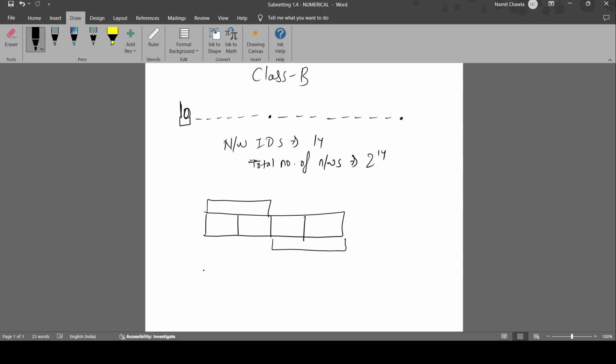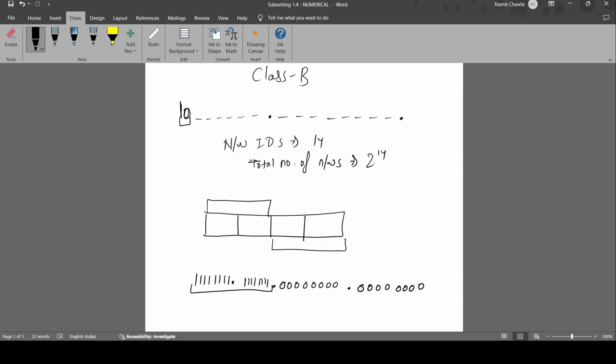When we talk about the subnet mask, the first 16 bits would be ones, then 0 0 0 0 0 0 0 0 dot 0 0 0 0 0 0 0 0. So the default subnet mask has how many bits? 16 bits, as simple as that.